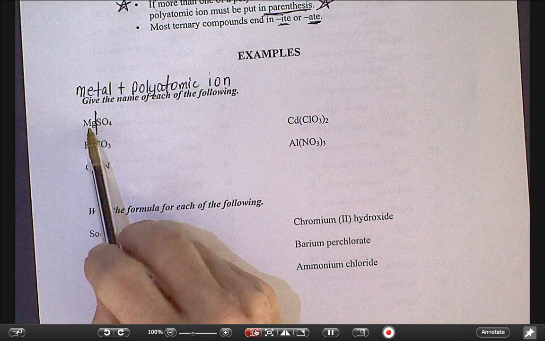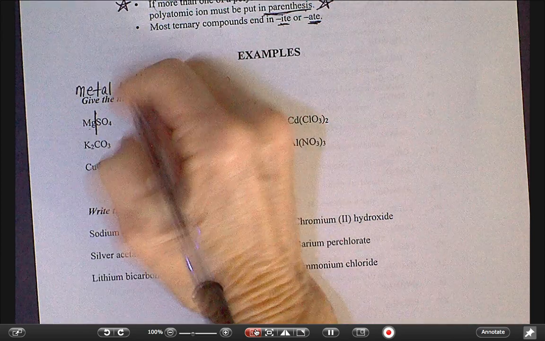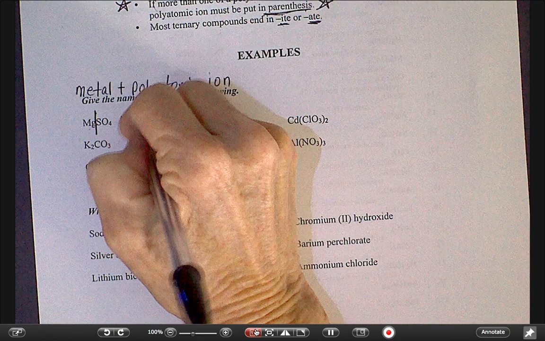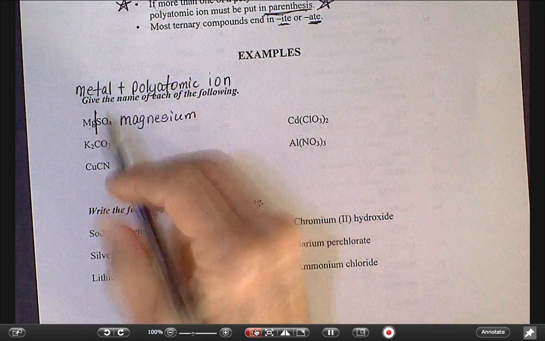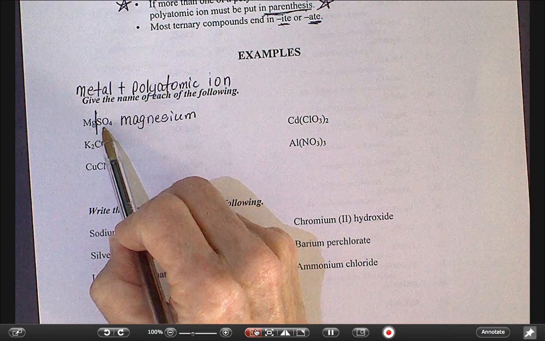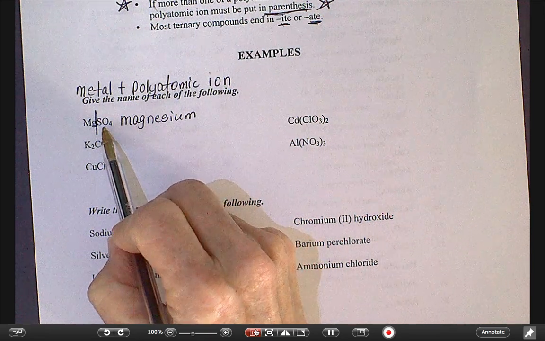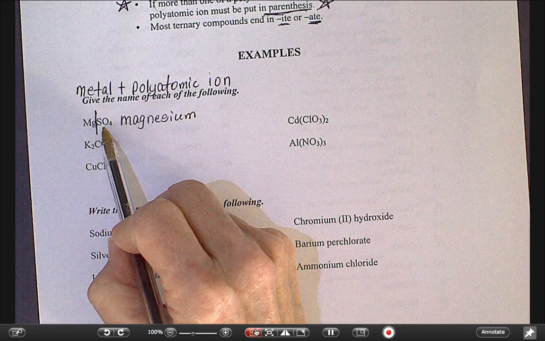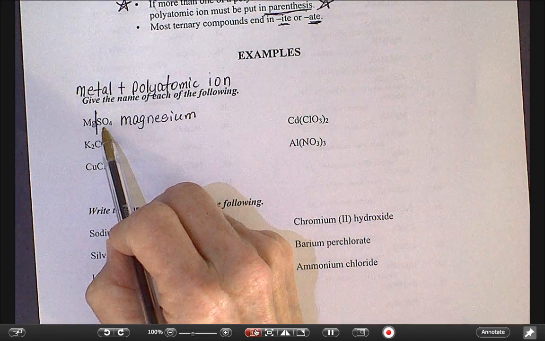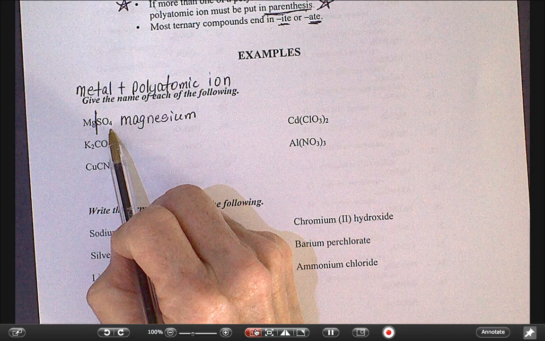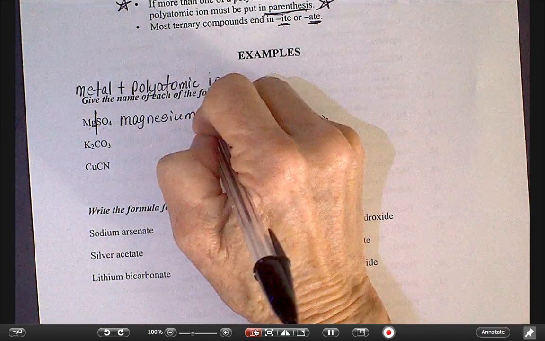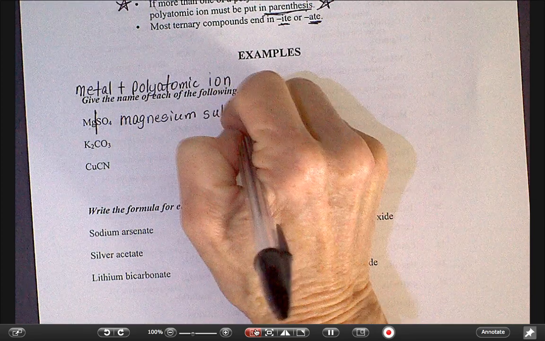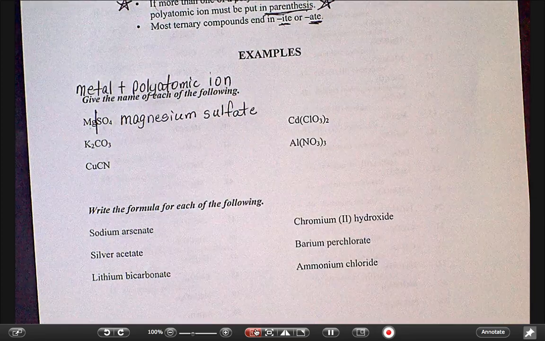Okay, what is the name of Mg? Write it down. Go find SO4 on your polyatomic sheet. Go to the -2 charge. Sulfate. You have to pay attention to the number of O's, don't you? So its name is magnesium sulfate. It's that easy. It's called read it off of your polyatomic sheet.